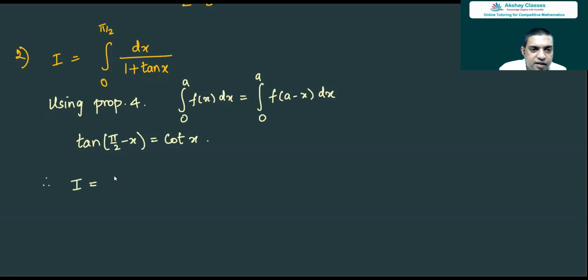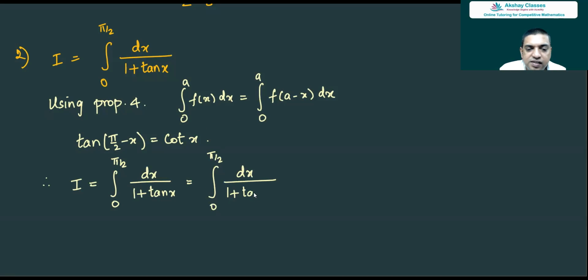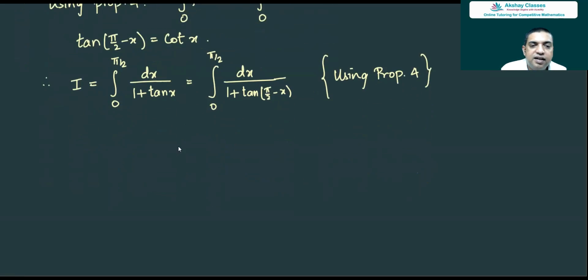Therefore, I is integral 0 to pi by 2 dx by 1 plus tan x, which becomes, upon applying property 4, 0 to pi by 2 dx upon 1 plus tan pi by 2 minus x. And this becomes integral 0 to pi by 2 dx by 1 plus cot x.